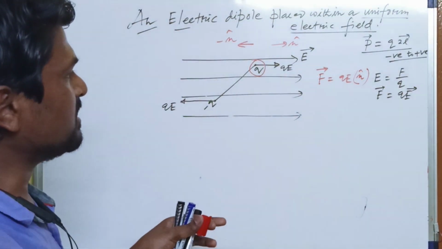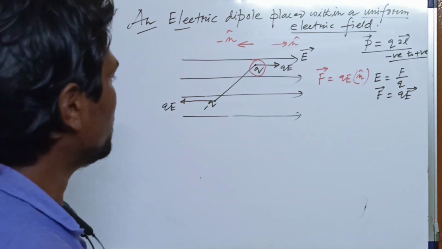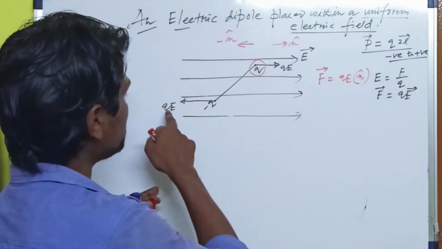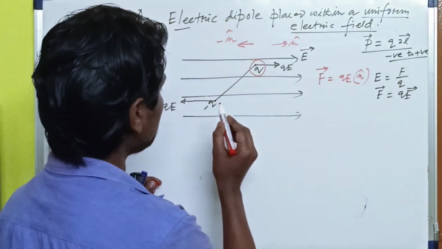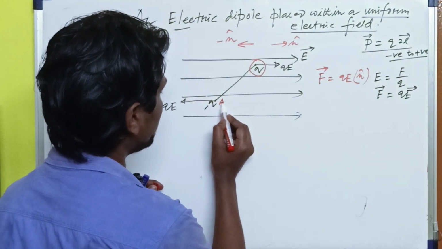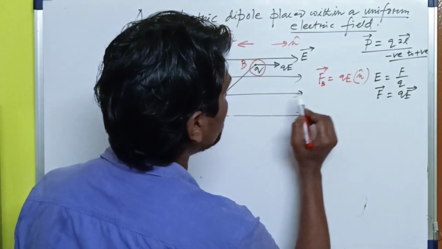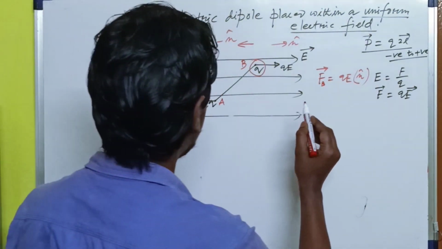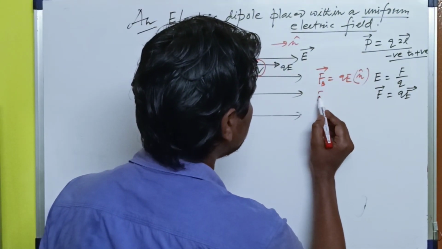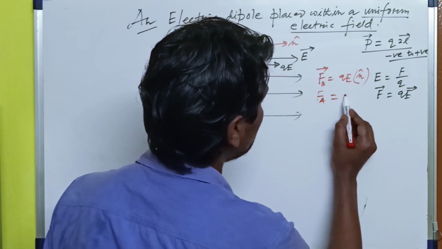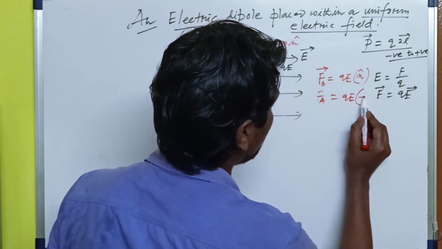So F vector equal to qE into n cap. Take a particular name, this is A and this is B, so FB equal to this one, and FA equal to qE into minus n cap.